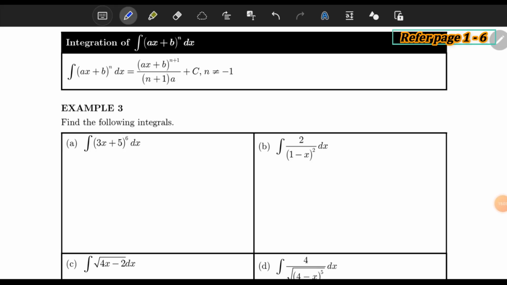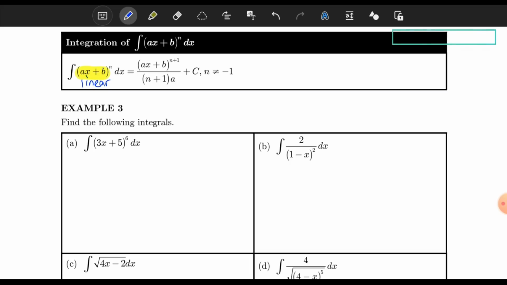Next one is integration of (ax plus b) power of n. For this rule, we need to make sure that the function inside the bracket is a linear function. This rule cannot be applied for non-linear functions, cannot be applied for quadratic, for cubic, and so on.